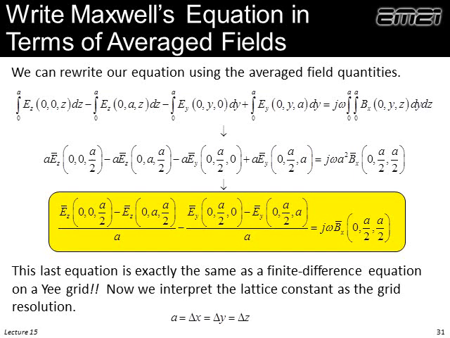And our fields are staggered on a Yee grid. The positions at which we calculated them are consistent with that. And since it's on a Yee grid, it's also suffering from the numerical dispersion due to the Yee grid. So in this case, we interpret a as our grid resolution that we used last semester, delta x, delta y, and delta z.